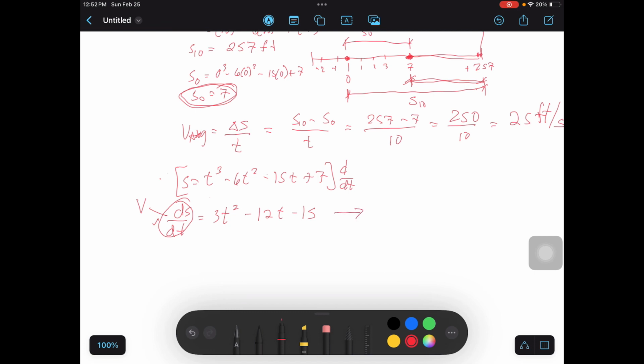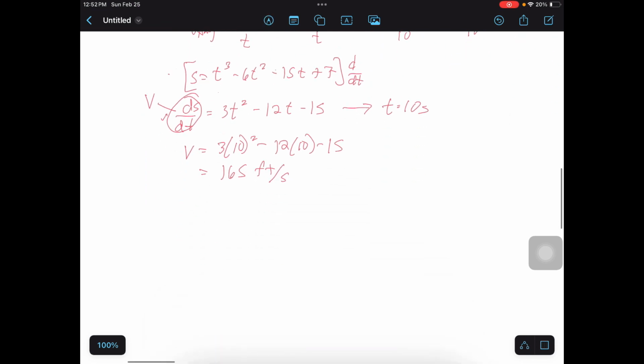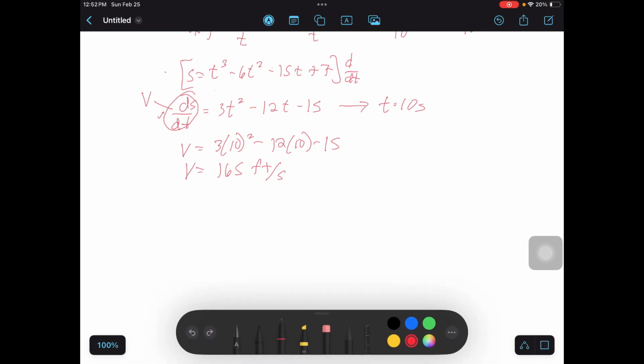So, if we evaluate this sa time na 10 seconds, velocity is 165 feet per second. Now, we have the velocity. Instantaneous velocity at that instant.